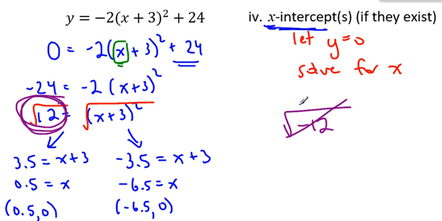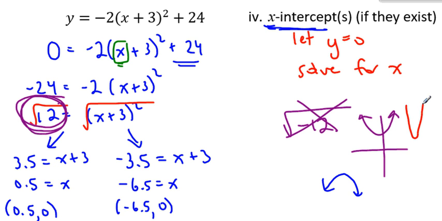So therefore, you would have said that there are no roots, no x-intercepts, which can happen if your parabola looks like this, or maybe it looks like this, or perhaps it looks like this. So if your parabola opens up, but the vertex is above the x-axis, or if your parabola opens down, but your vertex is below the x-axis, you're not going to get x-intercepts.